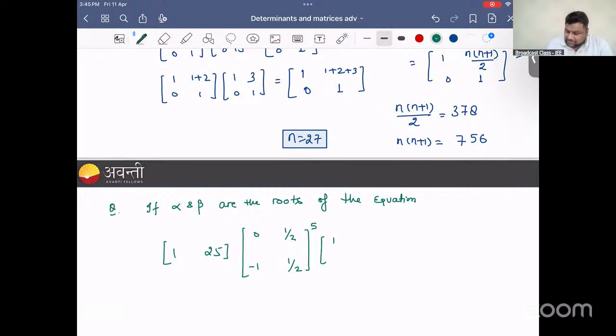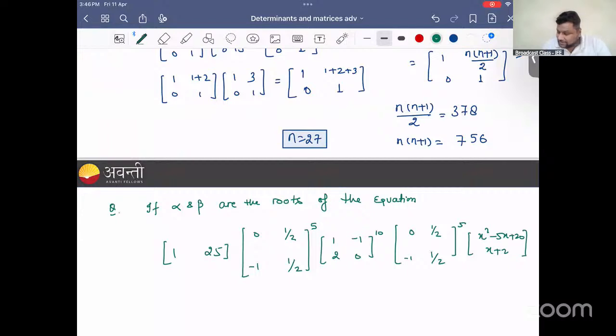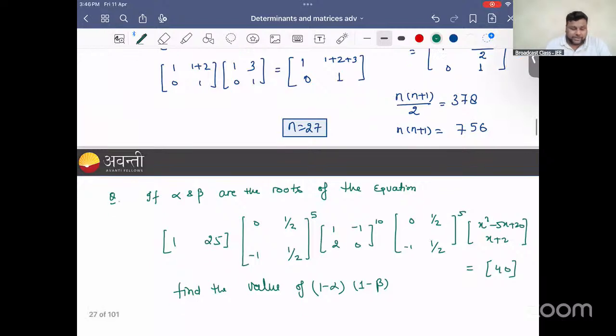Then it is 1, minus 1, 2, 0, raised to the power 10. Then it is 0, 1 by 2, minus 1, 1 by 2, raised to the power 5. And then it is x square minus 5x plus 20, x plus 2. And this entire product is 40. Then they're asking to find the value of 1 minus alpha into 1 minus beta. All right, give it a try.